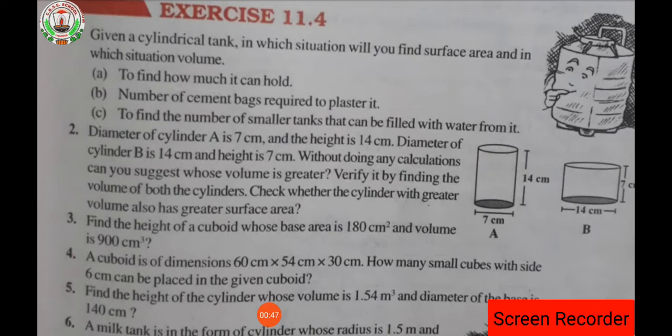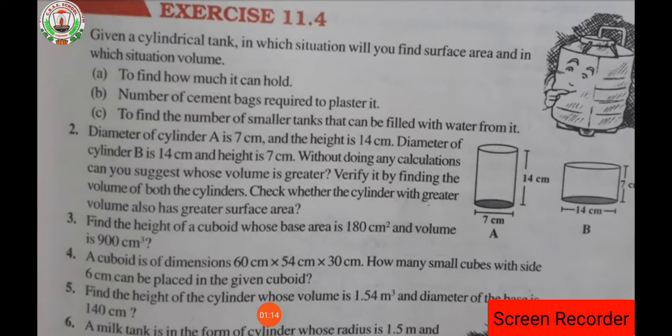In question number 1, a cylindrical tank is given, and we must decide in which situation we will find surface area and in which situation we will find volume. Here three situations are given. If we have some questions, how will we decide whether we have to find the volume or the surface area?